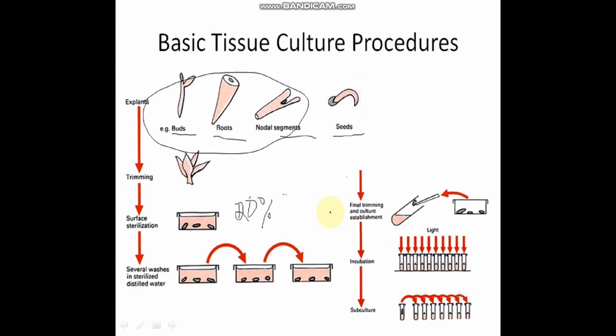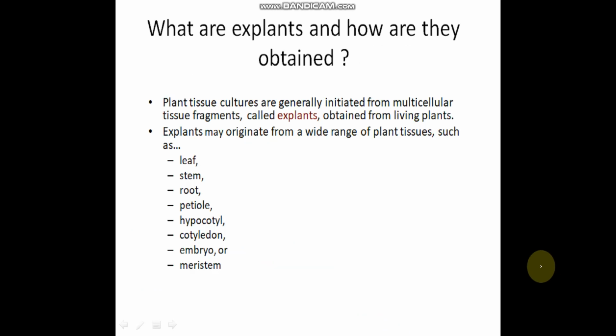So when you wash them, imagine that you are disinfecting your hands from getting infected with COVID-19. So you wash your hands all over. In this case, you wash it with Clorox. After you wash your explant with Clorox, you wash it with distilled water 3 times, and after that you dry them up and you put them into different culture tubes.